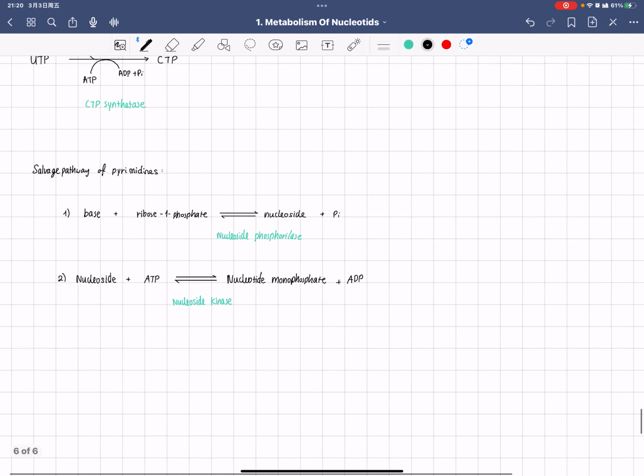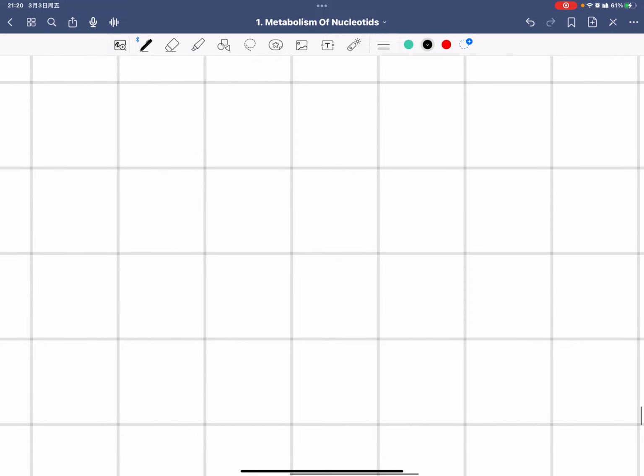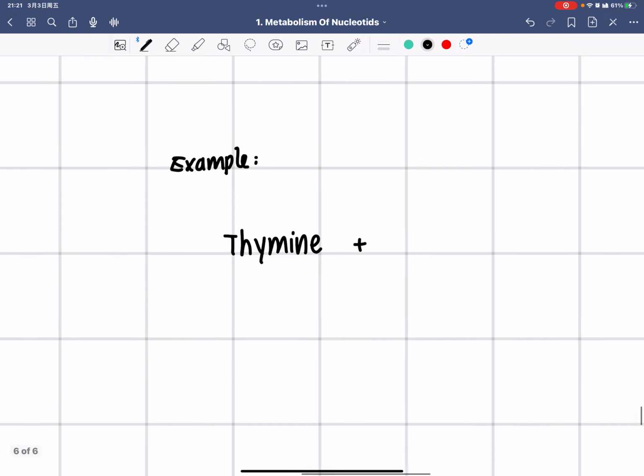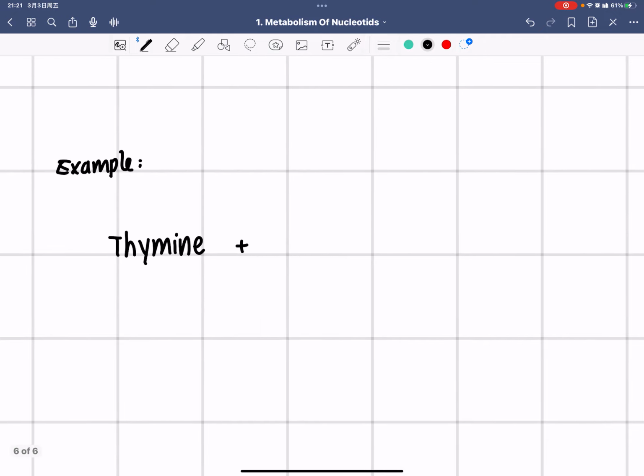Let's have an example. Thymine, right? Thymine plus, why not, do you guys prefer deoxyribose or ribose?